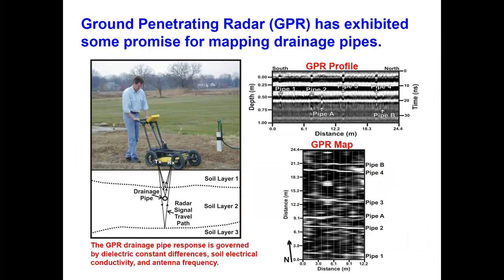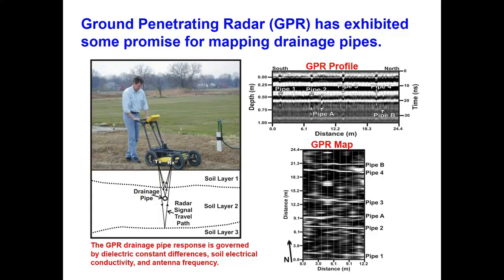I will mention quickly, for just a few slides, another method that's been tried, and in a lot of scenarios it works very well, and that's using ground-penetrating radar to find the drainage pipes. Here, the concept is you're just sending a radar signal into the ground, it bounces off the pipe, the signal returns to the surface where it's recorded, and then you use these recorded signals to produce a couple of different products.